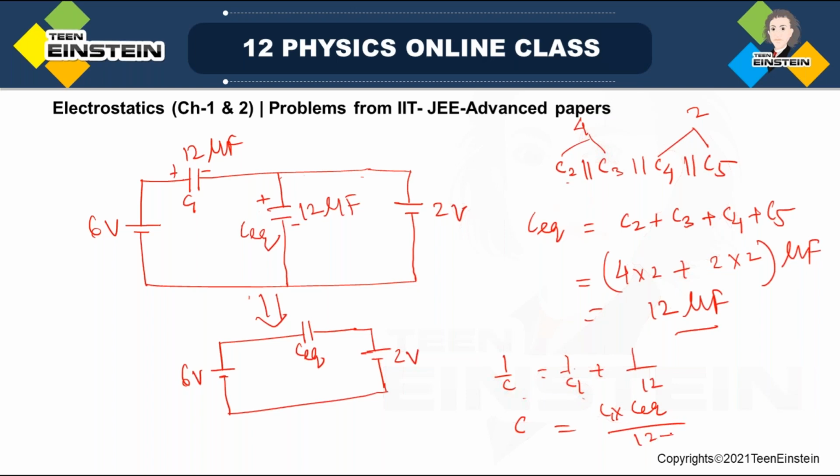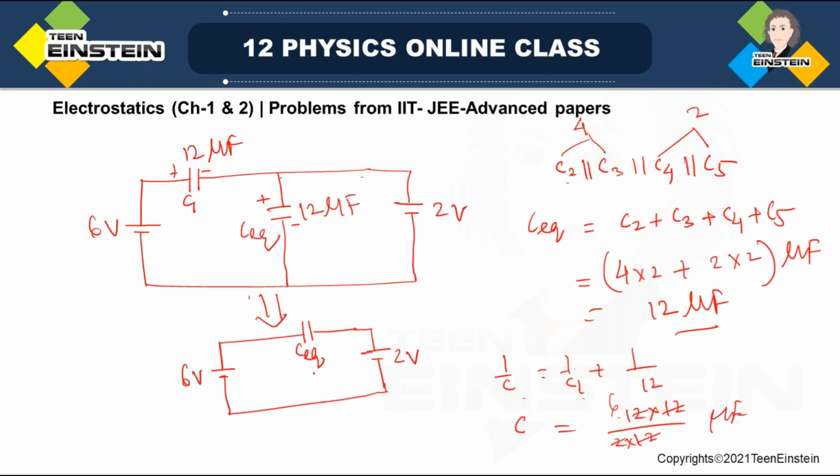Okay. So this is 12 into 12 microfarad over 12 plus 12 microfarad, right? So you get actually 6 microfarad, half of both. Okay, 12 goes off, this is 6 microfarad.